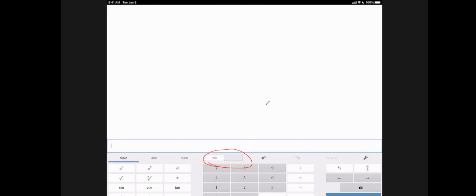We're going to be switching these modes a lot later in the class. Right now we're keeping it on degrees because we haven't introduced the radian measure yet. If you're using a different calculator, you can Google how to change between degrees and radians, or look for a settings button or something like that.